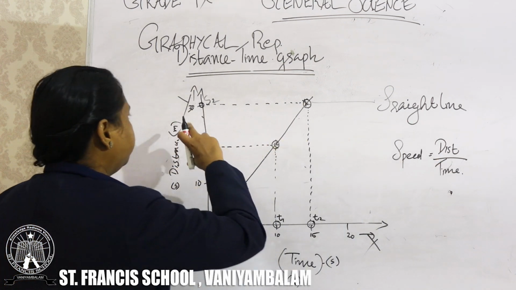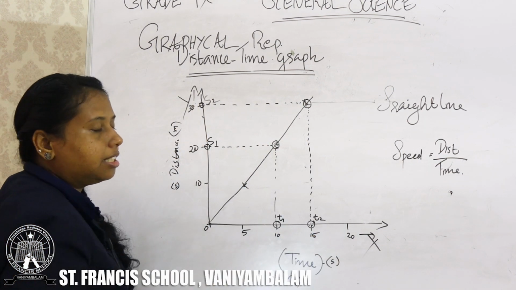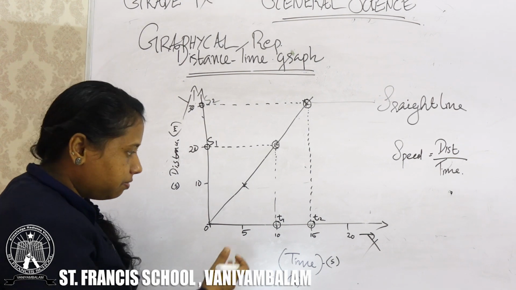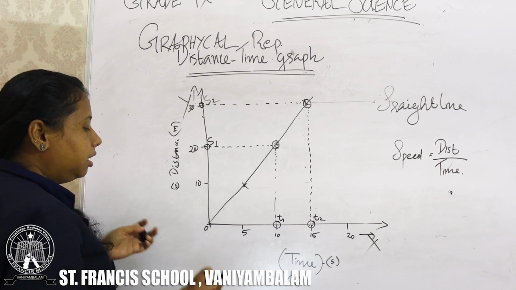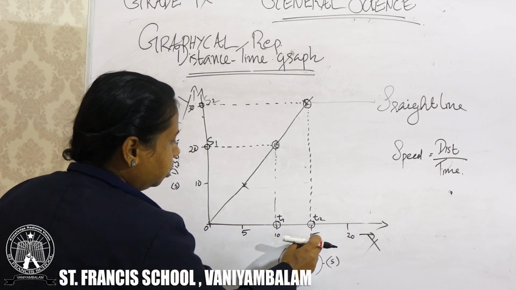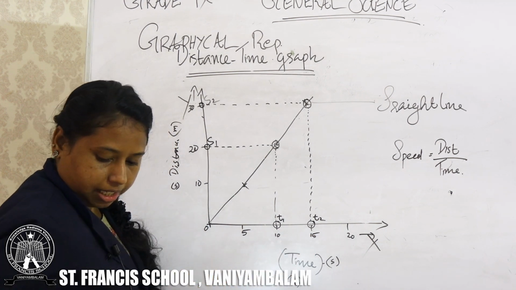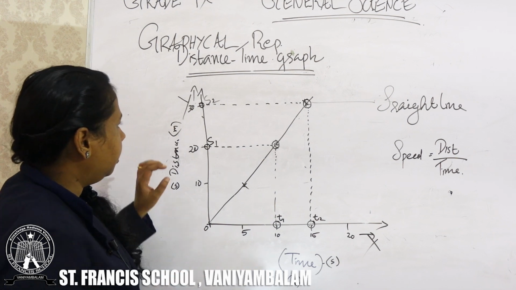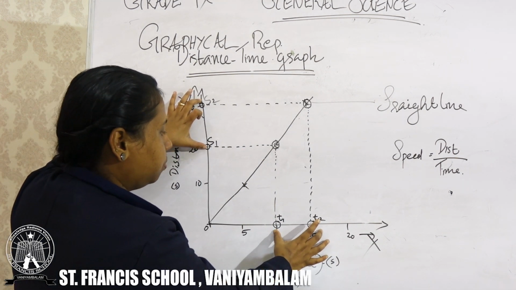So from here we have to select distance, and from here we have to select time. That is our intention. Now we have got 2 points here, isn't it? See here, this S1 and S2 and this T1 and T2.